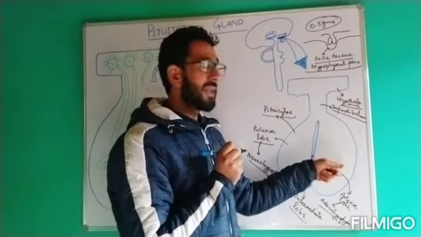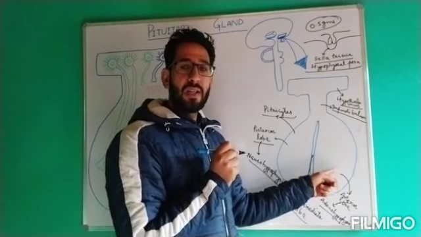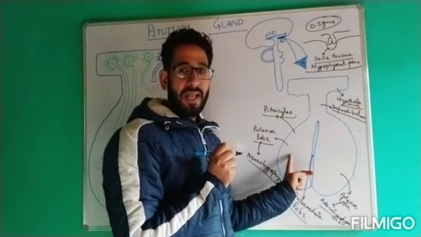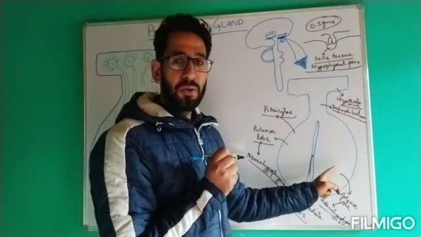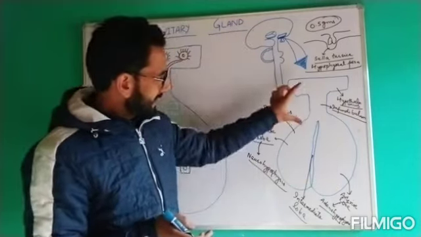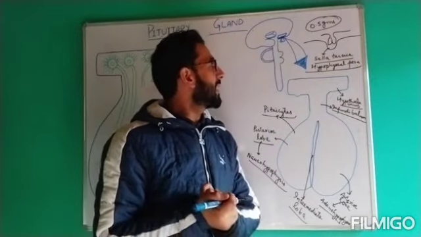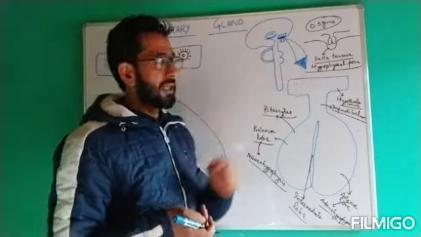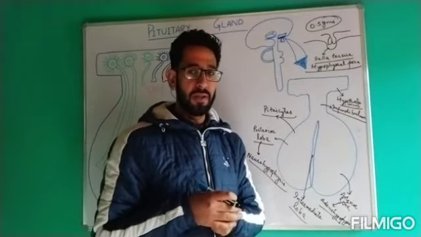It is present between the anterior lobe and the posterior lobe of the pituitary gland, or we can say the anterior pituitary and the posterior pituitary. Fine. So this is the very basic anatomy of the pituitary gland. It is connected with the hypothalamus by the infundibulum.